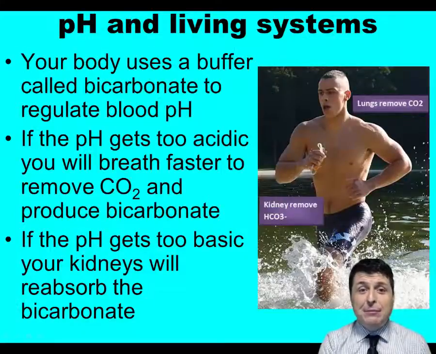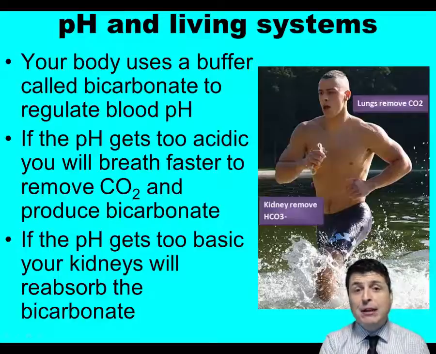Now, our body employs a number of buffer systems in order to regulate our blood's pH. One of the common buffers is bicarbonate. If, for example, you're doing some strenuous activity, one way your blood pH could be impacted is an increase in carbon dioxide in your bloodstream.